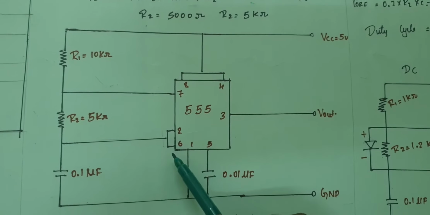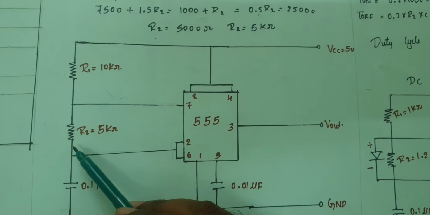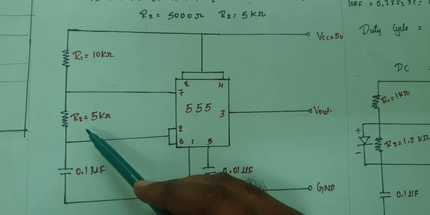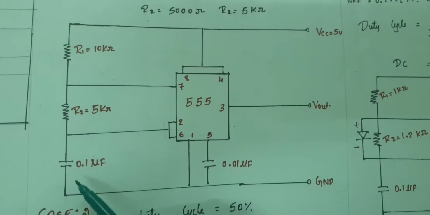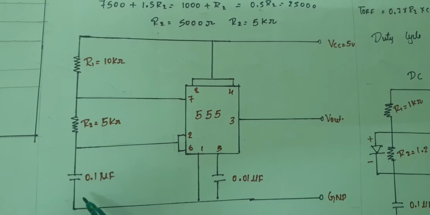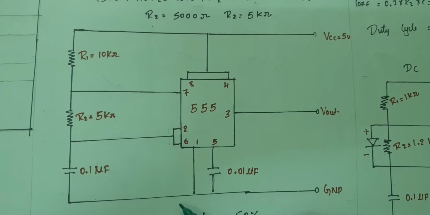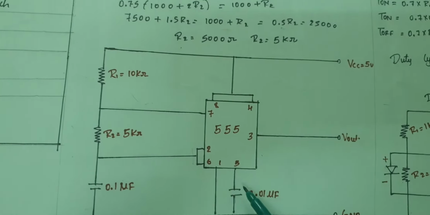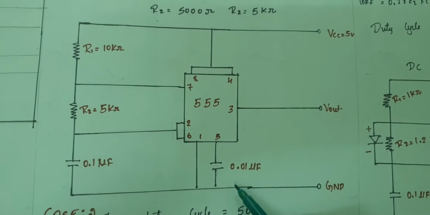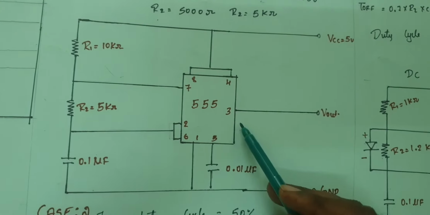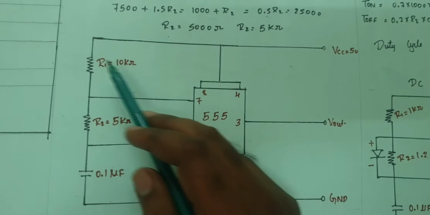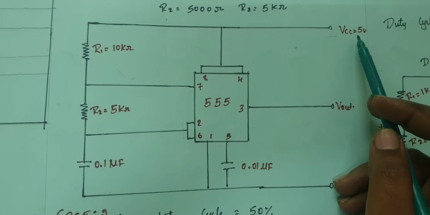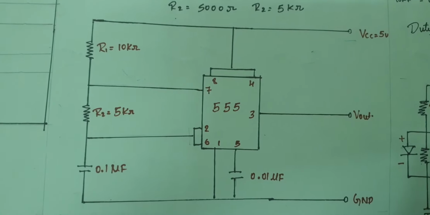Your 2 and 6 are shorted, in which I have connected resistors R1 and R2. My R1 is 10 kilo ohm and R2 is 5 kilo ohm, in series with a capacitor of 0.1 microfarad, which is connected to your first pin. The fifth pin, the control voltage, has a 0.01 microfarad capacitor connected to ground. Third pin is connected to Vout, and the other end of your resistor is connected to your VCC, that is plus 5 volts. So this is all about your first case.